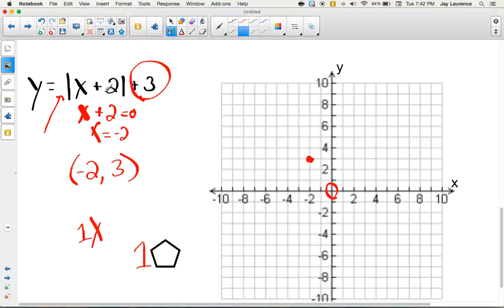How many absolute values do you see? Well, I see 1. So my slope is 1 over 1. So I'm going to rise 1, run 1. But then because of symmetry, if I went up 1, right 1, I have to go up 1, left 1. And I am going to draw my absolute value graph.